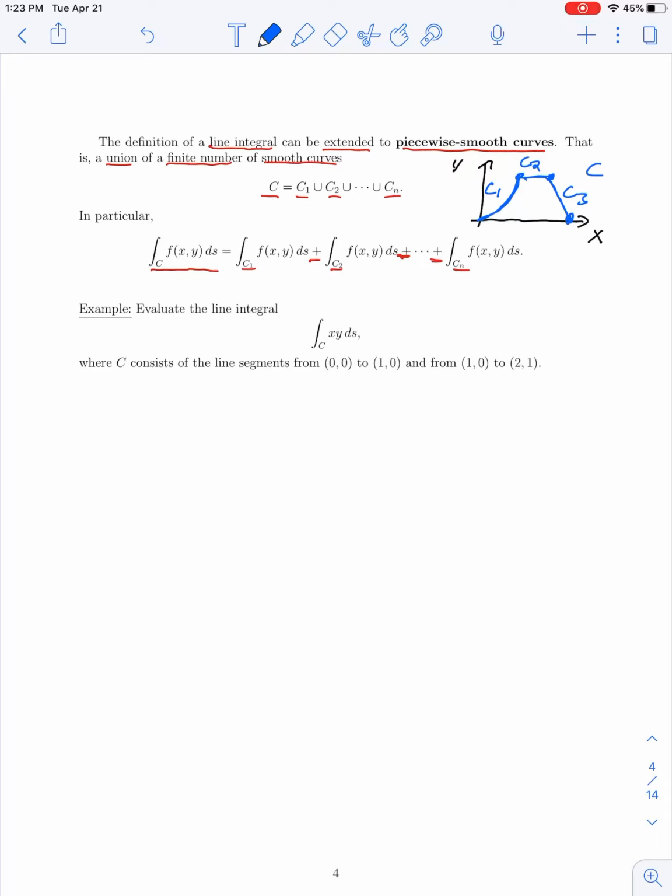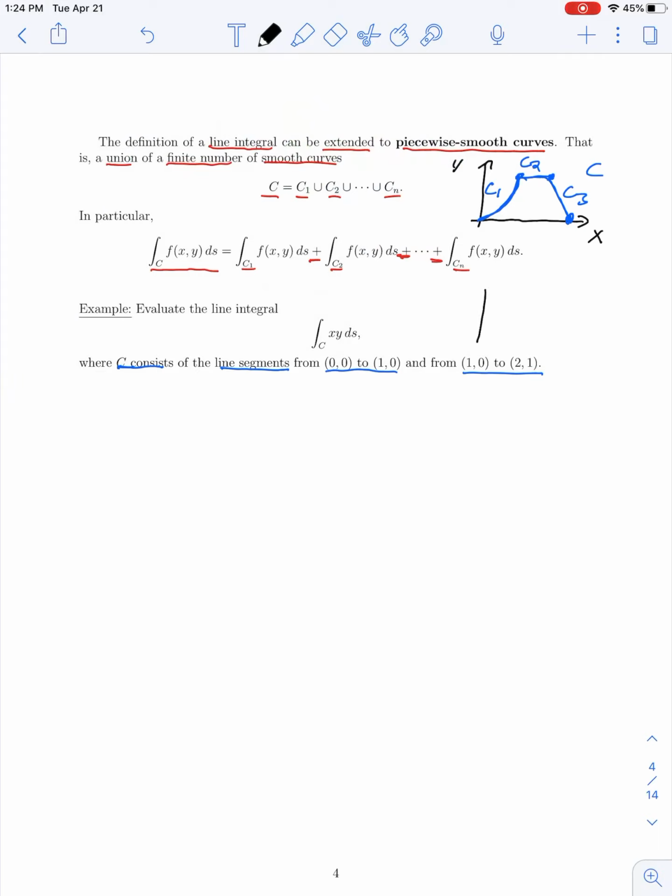So let's look at an example of this. In our next problem, we're asked to evaluate the line integral of x times y with respect to arc length s, where our curve C consists of two line segments, the first one from 0, 0 to 1, 0, and then the second from the point 1, 0 to the point 2, 1. So again, let's see if we can visualize our curve here.